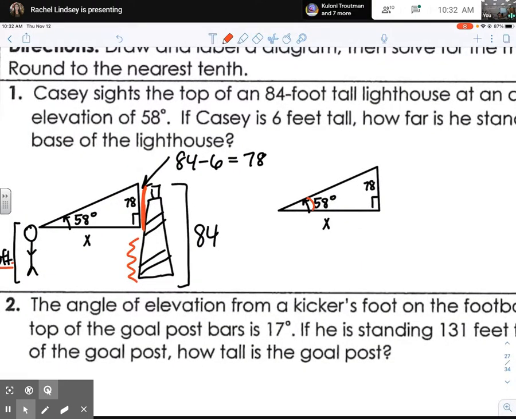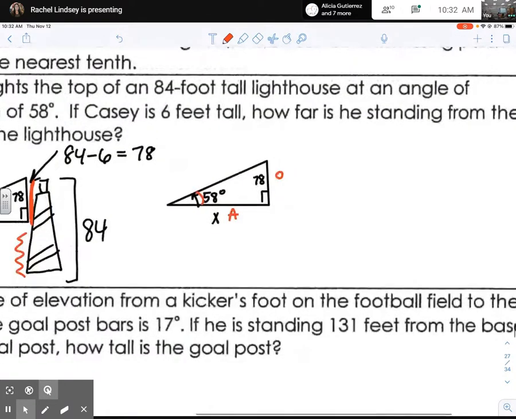Is 78 opposite, adjacent, or hypotenuse to angle 58? It's opposite. And then x would be the adjacent. So I have O and A. What am I going to use to solve? TOA. So I'm going to have tangent of angle 58 equals my opposite 78 over adjacent x.